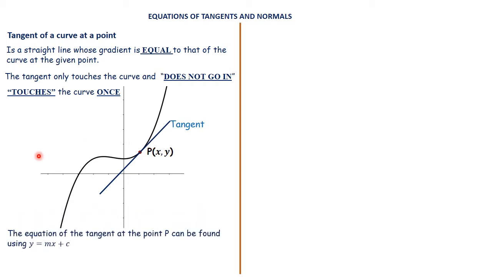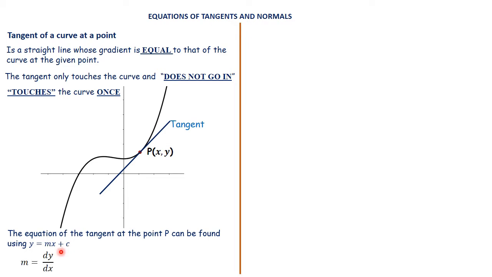Let me say that the equation of the tangent at the point P can be found using y = mx + c. And that's really, really important. It's assumed that at this point, students should know what y = mx + c stands for. It's the equation of a straight line where m and c are constants, m representing the gradient of the line, c is the y-intercept.